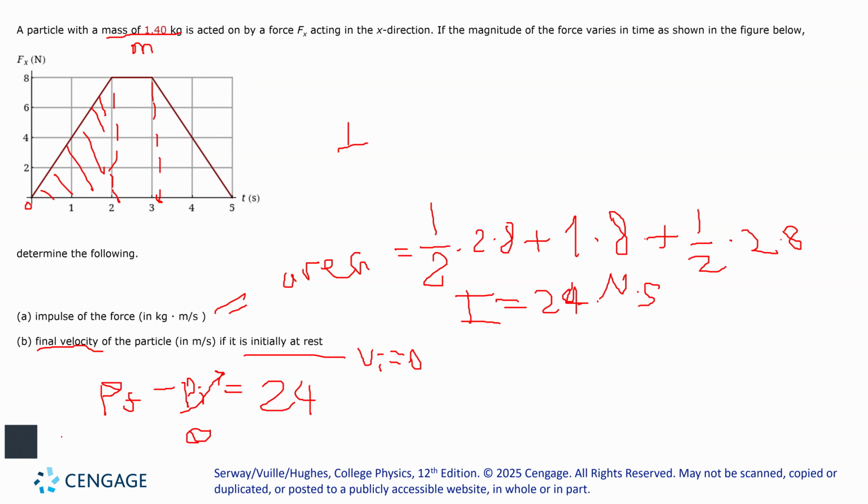It's mass times final velocity, and the mass is 1.4 kilograms. So we have 1.4 times final velocity equals 24, and we solve it for V final. Okay, so this is an example of how we use area under the graph as the impulse of the force, and we also combine it with the impulse-momentum theorem to find the final velocity.